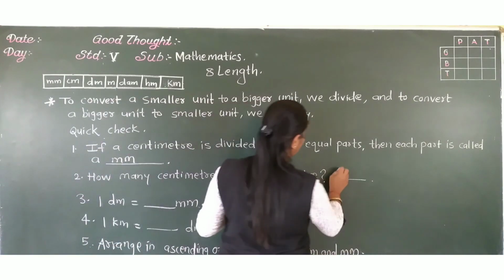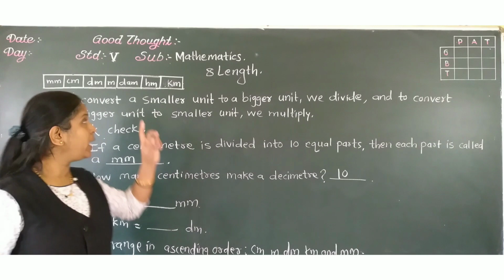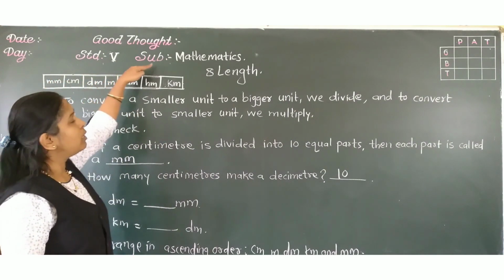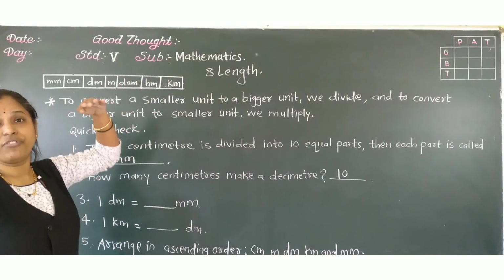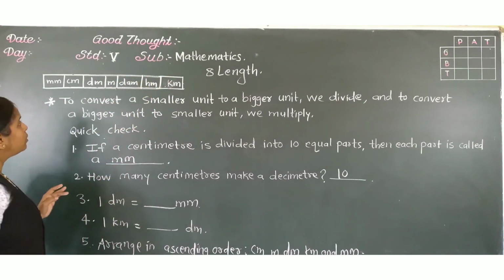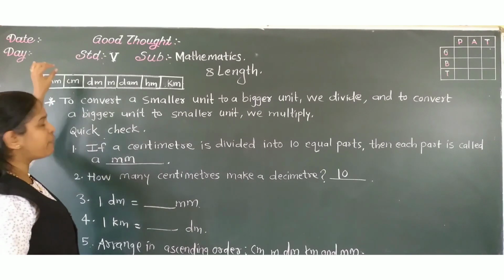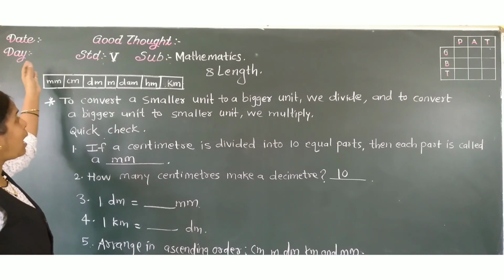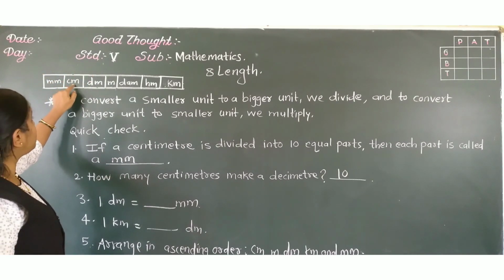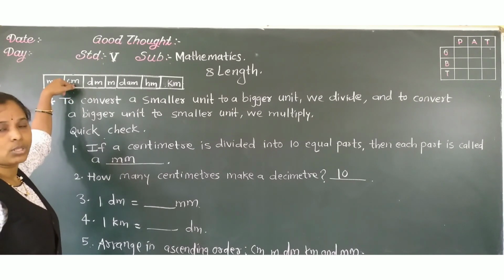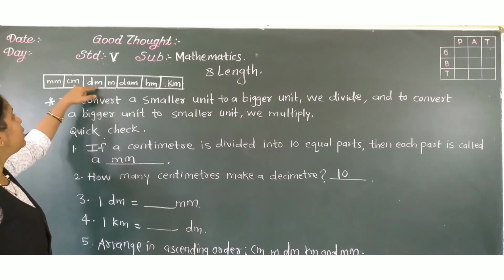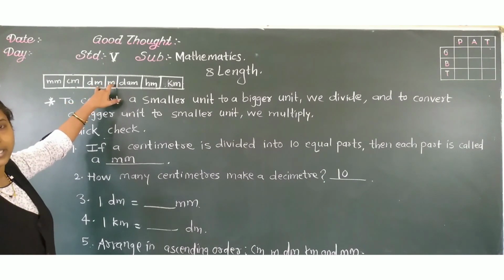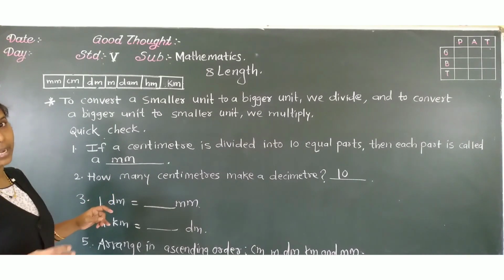Answer: 10. 10 millimeter means 1 centimeter, 10 centimeter means 1 decimeter, 10 decimeter means 1 meter. Like that, it keeps increasing by 10 parts.